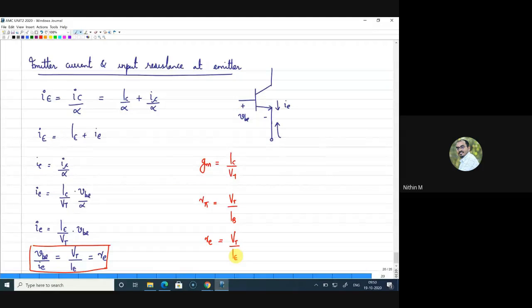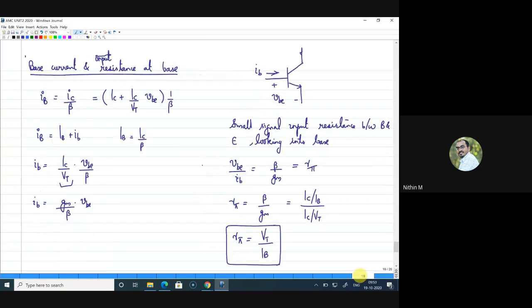So we have looked at many relations today. So let me bring in the relation between this R pi and re also. We know that small VBE is R pi into IB, right?